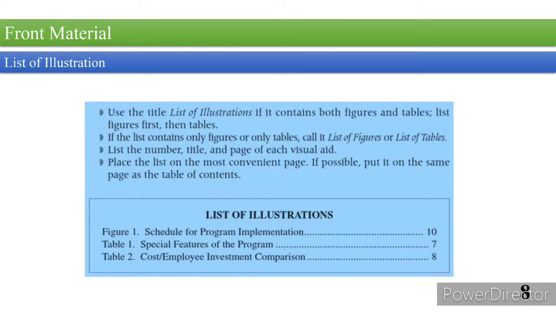So a list number, title, and page for each visual aid. Place the list on the most convenient page, so if possible put it on the same page as the table of contents. If you are writing the caption of a figure, don't write too long captions, don't write too long table names, so it will not be difficult for the readers to understand it.